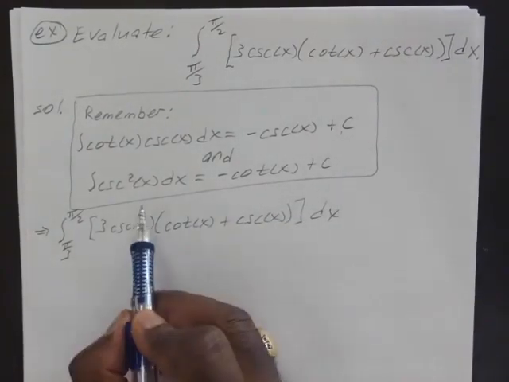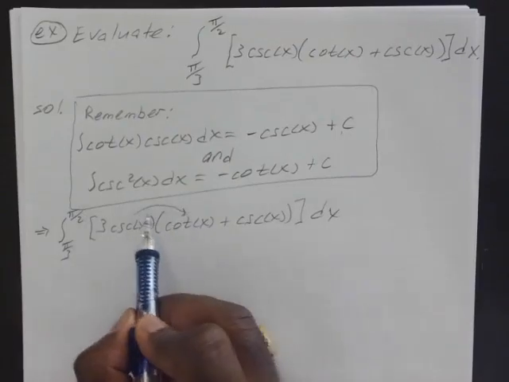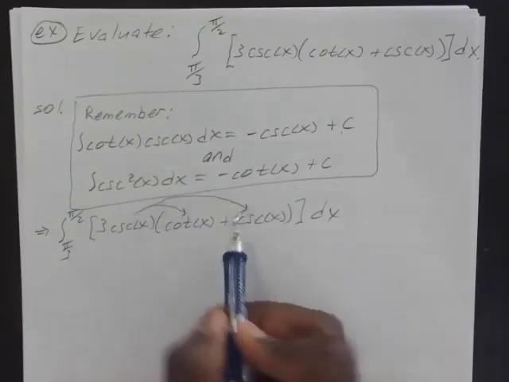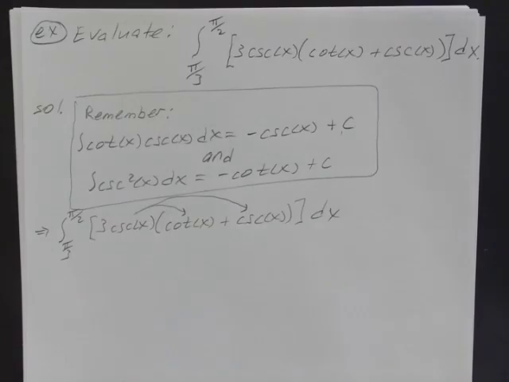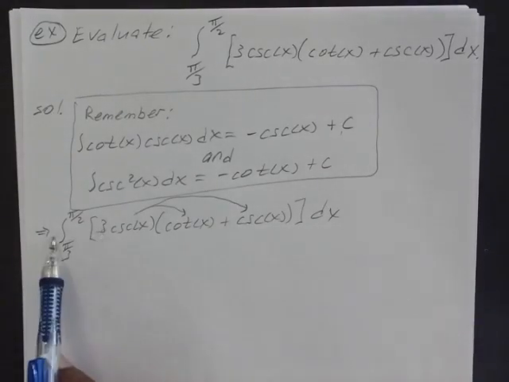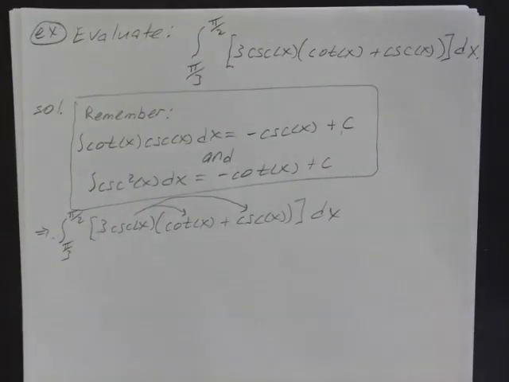So this one, probably the best approach would be to distribute that cosecant of x. And that 3, we could just factor it out to the front. Or you can distribute it with it, give you the same answer either way.